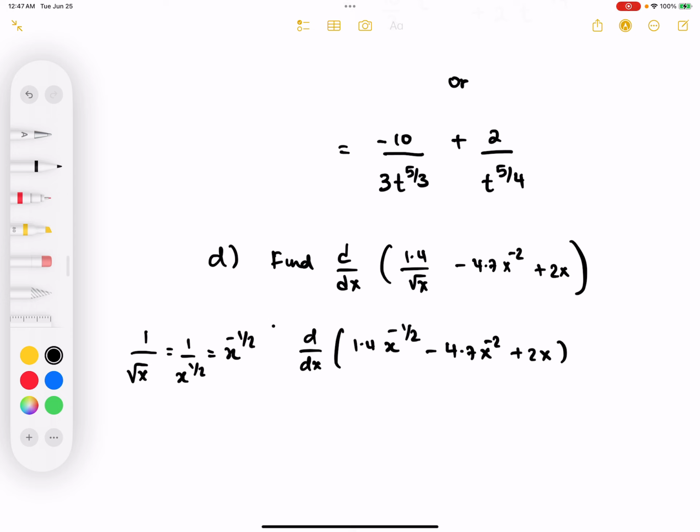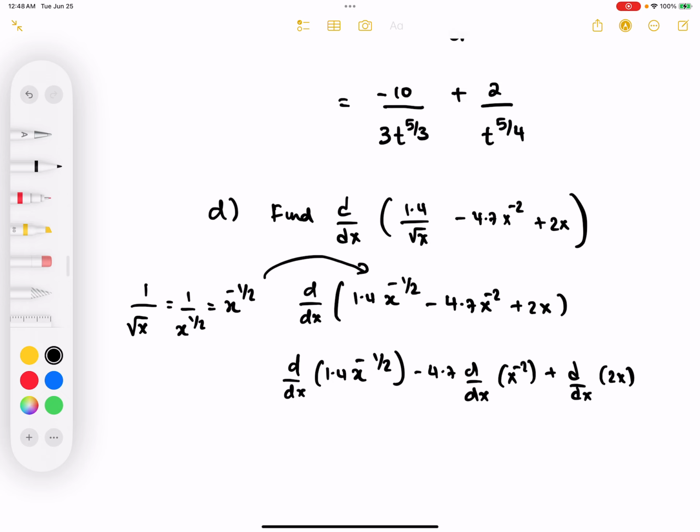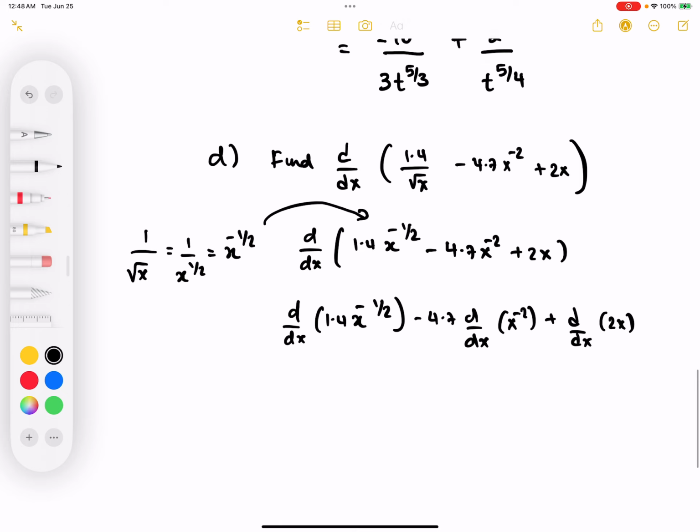That's what I did for this one. Now, take the derivative of each of them. 1.4 x to the negative 1 over 2, the first one, minus 4.7 d by dx of x to the negative 2 plus d by dx of 2x. That is the sum and difference rule.